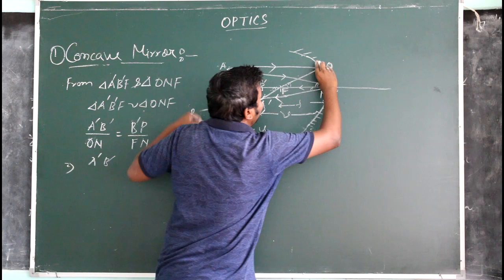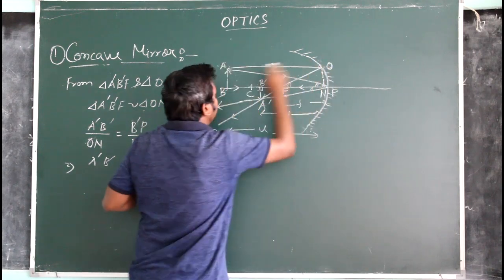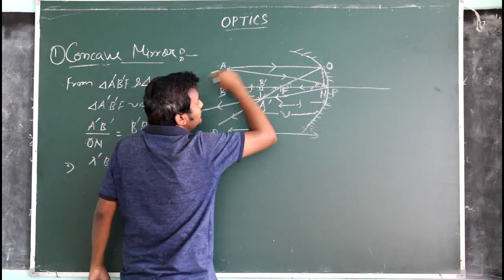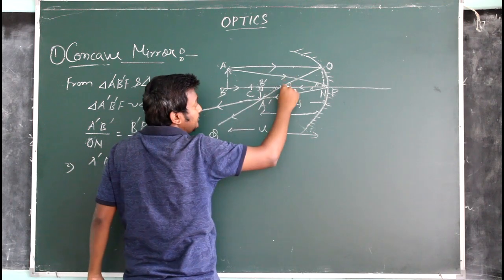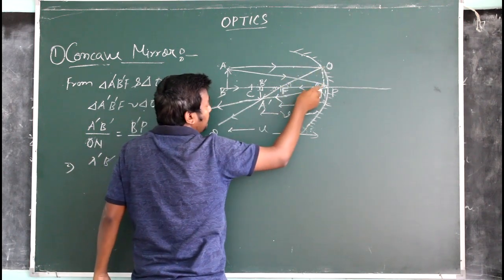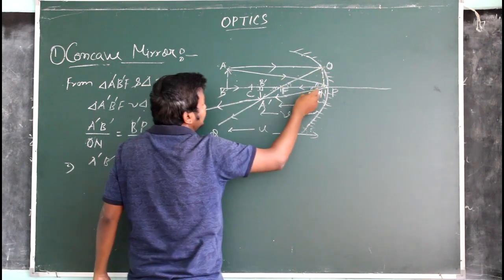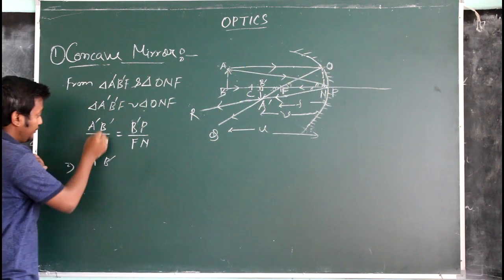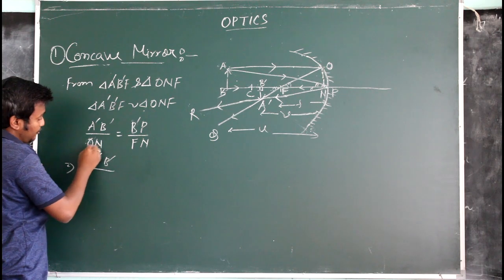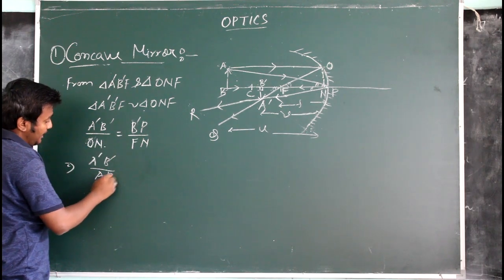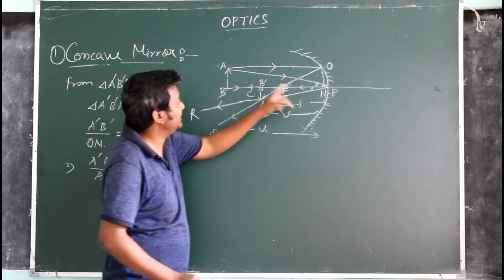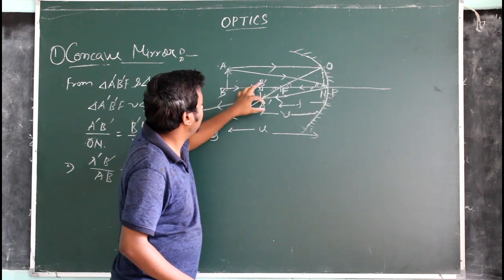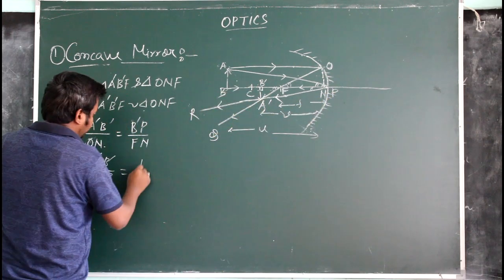What is ON? We can write ON equals AB, because AO is parallel to the principal axis and ON is perpendicular to the principal axis. So in place of ON we can write AB. And what is B dash F? B dash F.